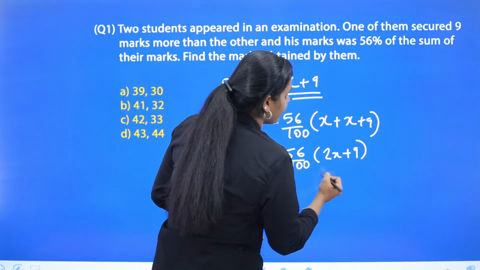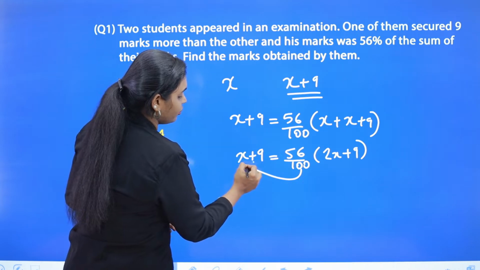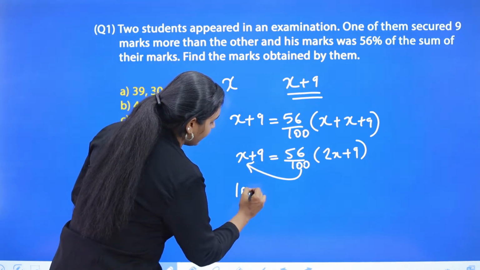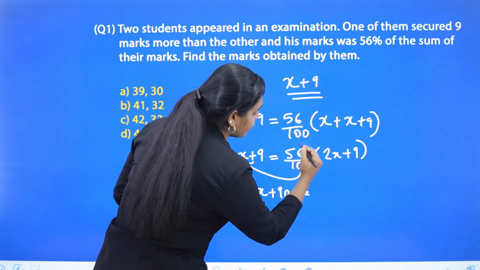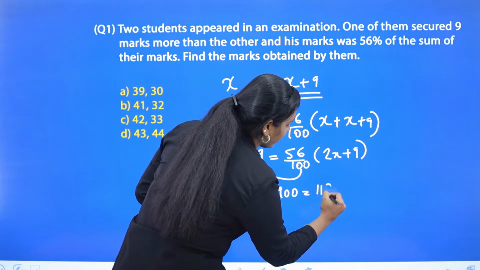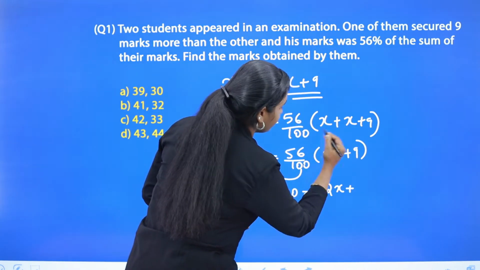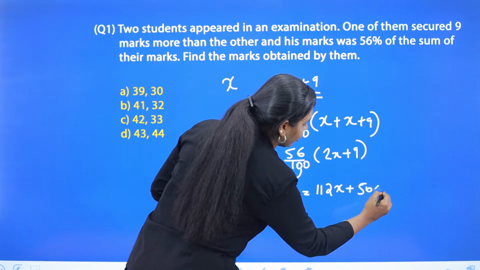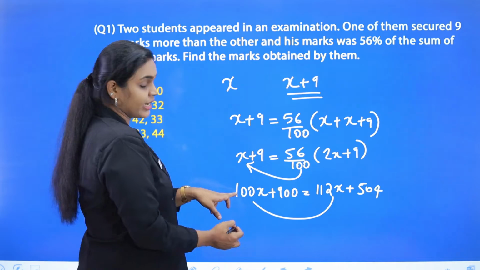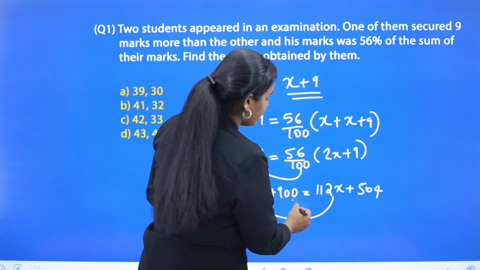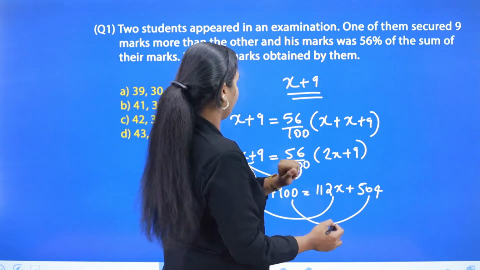2x plus 9. Now we'll shift this 100 to this side. So we'll get 100x plus 900 is equal to 56 into 2x, which means 112x, plus 56 into 9, we'll get 504. Okay, now on solving this, 112x minus 100x we have to take, and this 900 minus 504 we have to take.